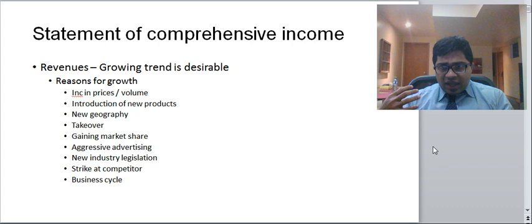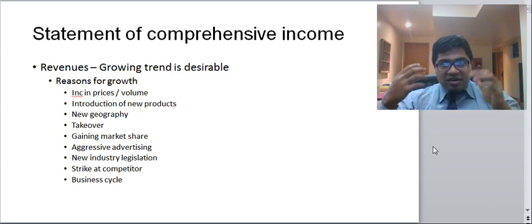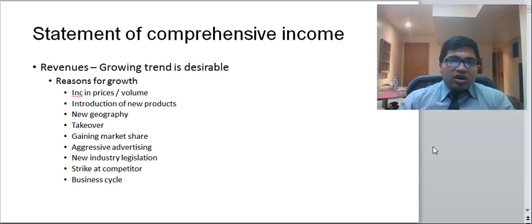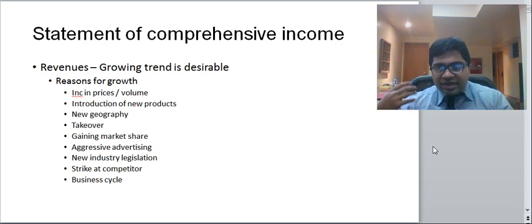Now, as a shareholder, first concern that you have is revenues, that is top line, that is sales. A growing trend in revenues is desirable. If sales are falling, it doesn't make any economic sense to invest in that company.